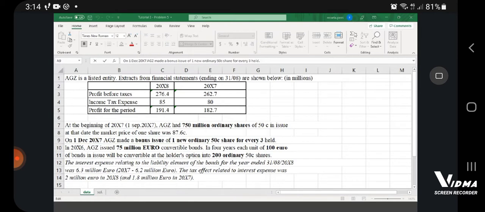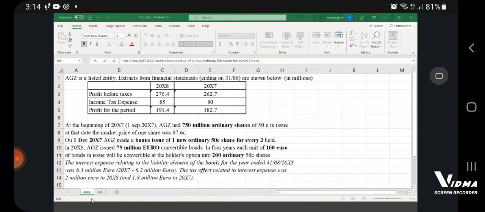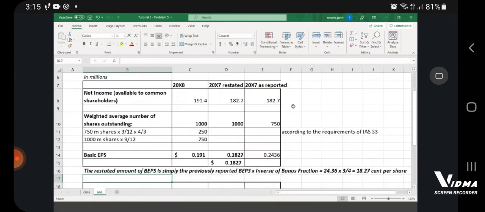I know that problems where the accounting years are not the same as the calendar years are not really comfortable to deal with, but please consider that this is why the year does not correspond to the calendar year. So again, by the end of 2017, that means 31st of August 2017, we don't know anything about the bonus issue yet. I am again showing the solution to you.